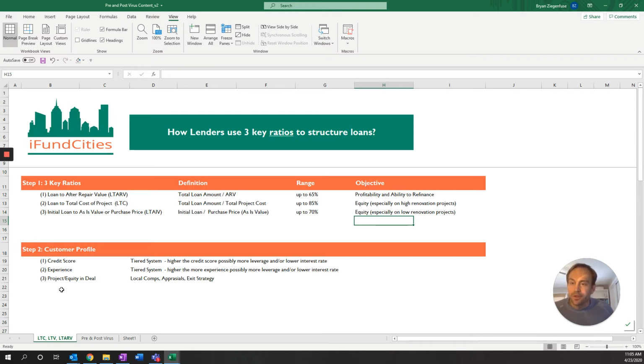There are three real big ways in which these ranges, up to 65% or up to 85% or up to 70%, change based upon the customer and the project. The three main pillars, as I call them, are credit score: the higher the credit score, there's possibly more leverage and a lower interest rate.